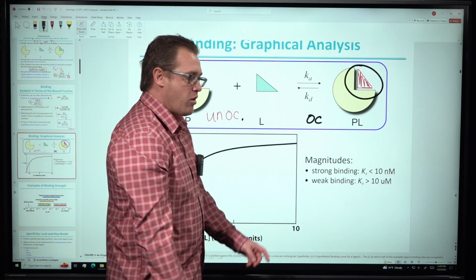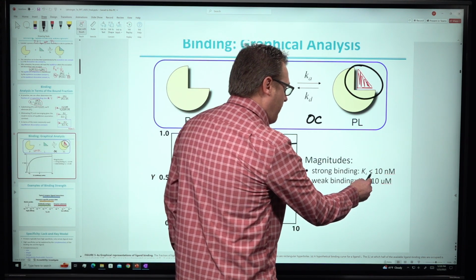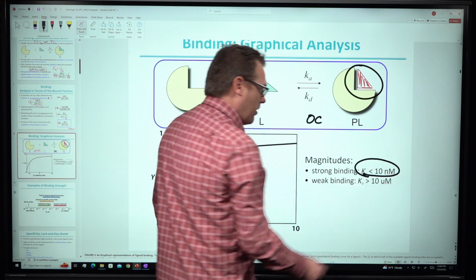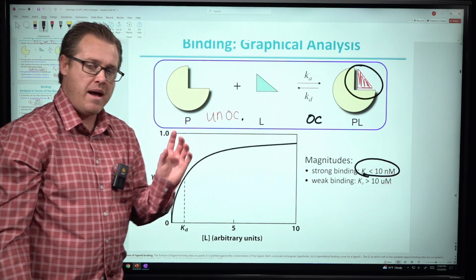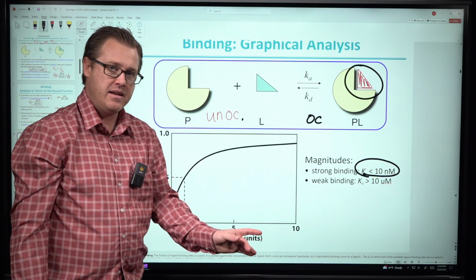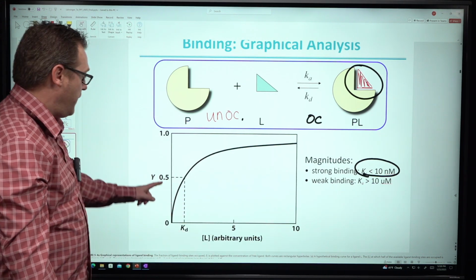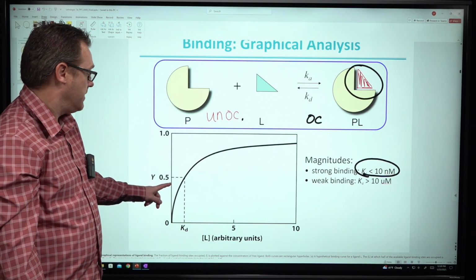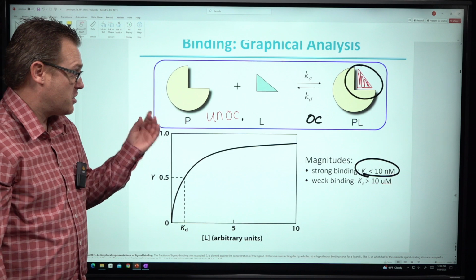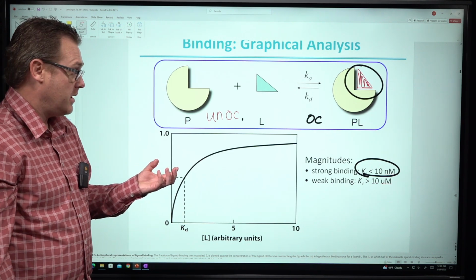And so a strong binding corresponds to a very, very small number. The smaller amount of the ligand that you have to add to get to 50% occupation is a small value, a small number.